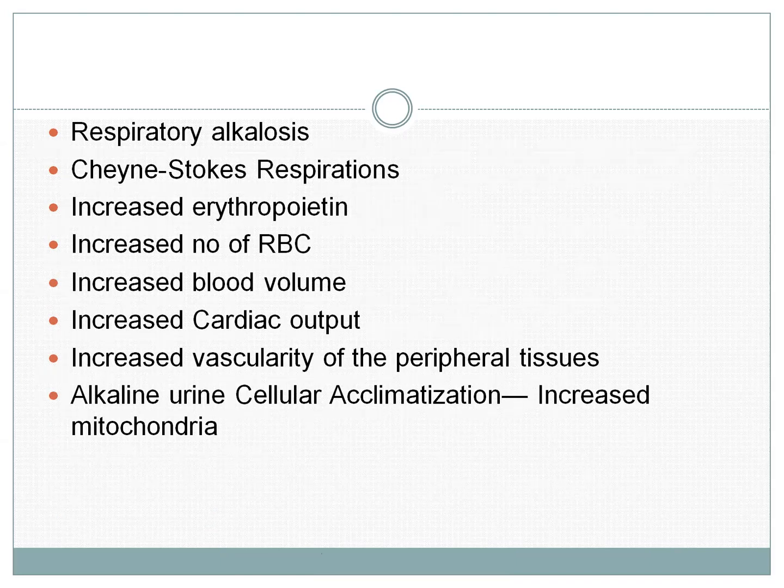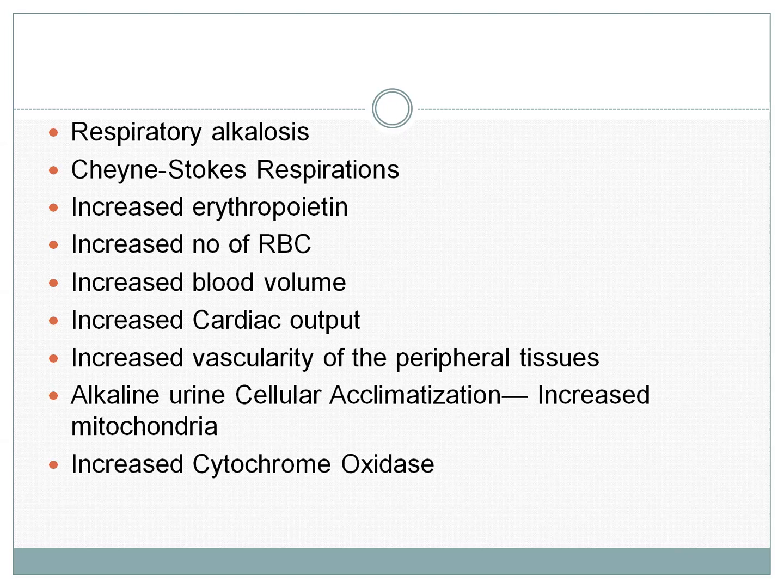Cellular acclimatization: so there will be increased mitochondria, and increased cytochrome oxidase. Now see how the body is having a compensation to overcome the hypoxia effects. Now these all will be activated so that a normal amount of oxygen will be delivered to the tissues.